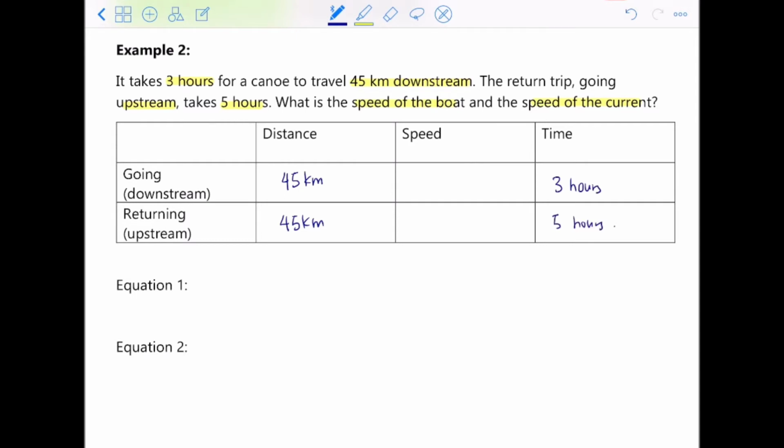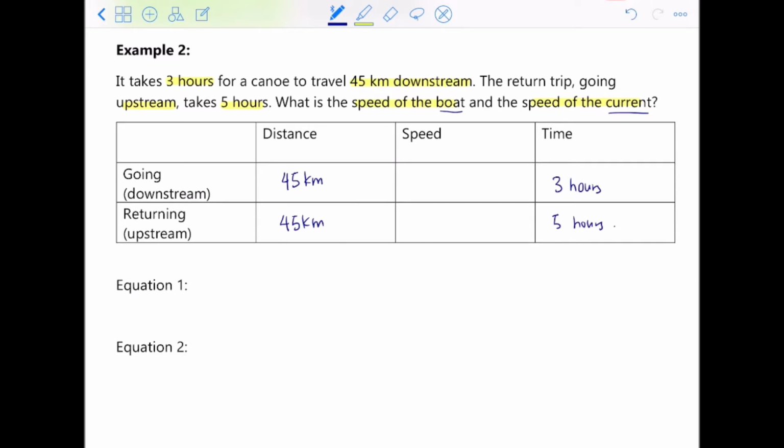What we want to know here is what the speed is going down. There are two things we need to consider: speed of boat and speed of current. So let's quickly go over why there are two different types of speed in this case.